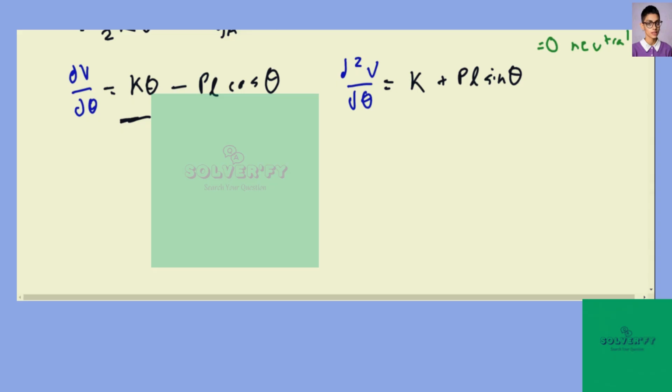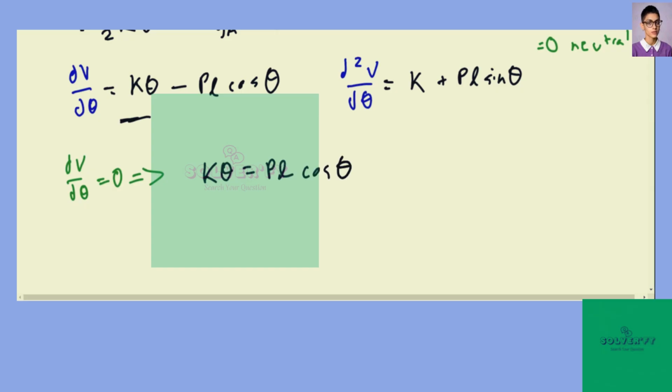And now to actually find the location of equilibrium, we're going to set this one, dV d theta, equal to 0. So again, using our equilibrium condition that the first derivative is equal to 0, that tells us that K theta equals PL cosine theta.